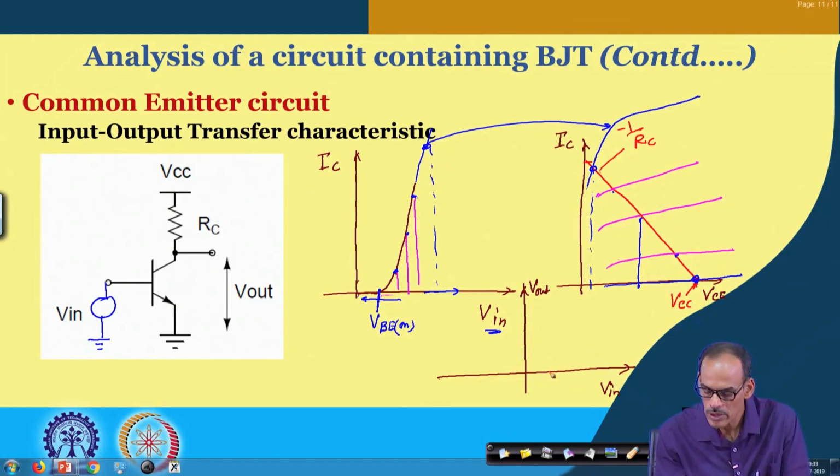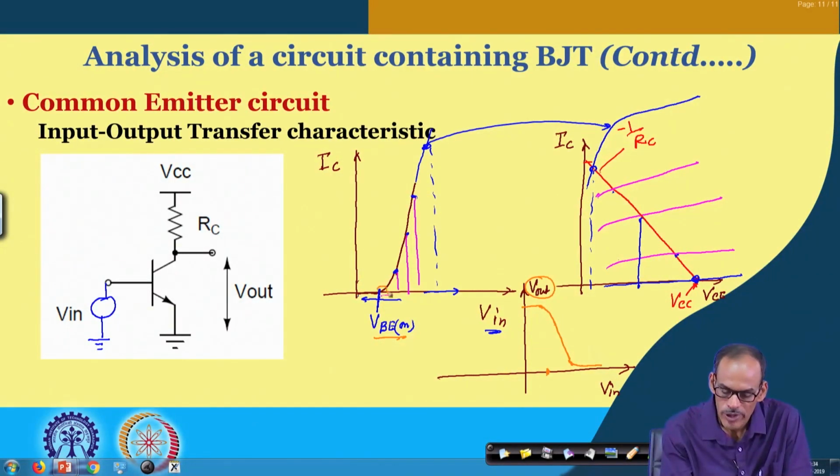Until Vin is VBE on, the corresponding output is stuck at Vcc, and then it goes down fairly in a linear way. And then once the device enters the saturation region, the output remains close to ground like this. So, this point is corresponding to this point. On the other hand, once you exceed some point here, we are going to this point.